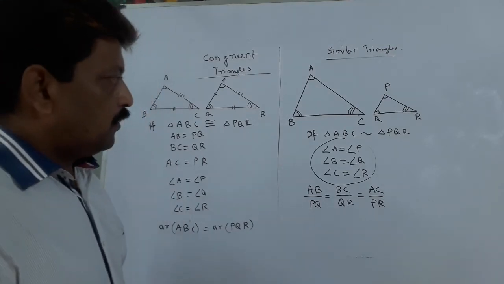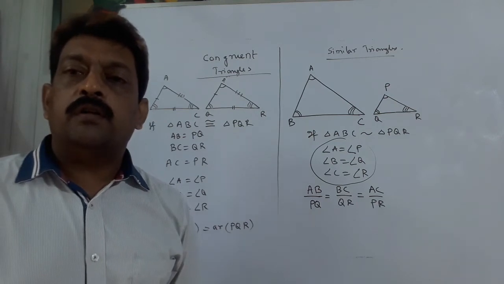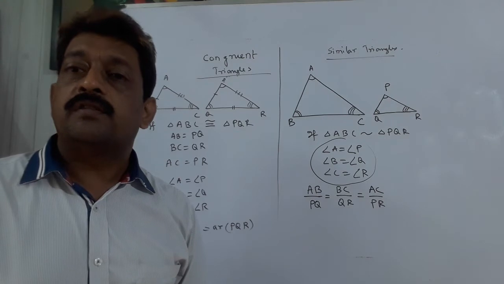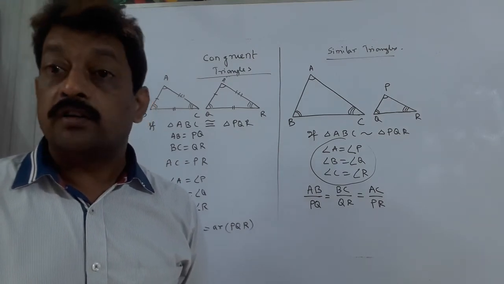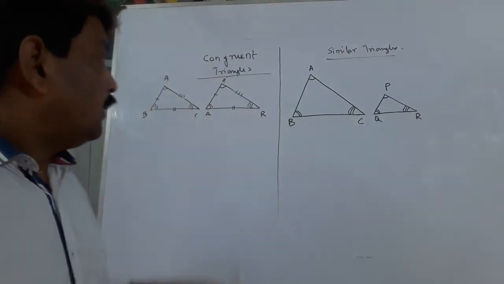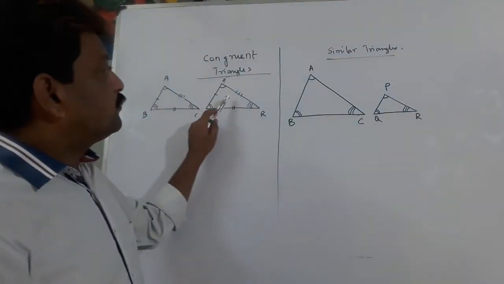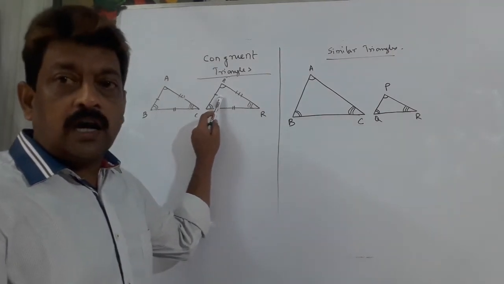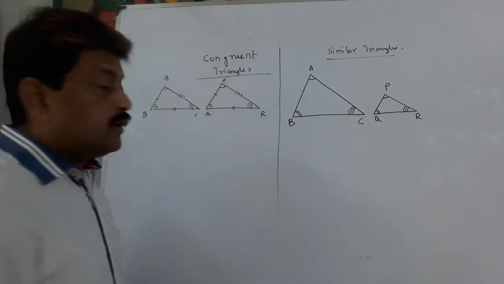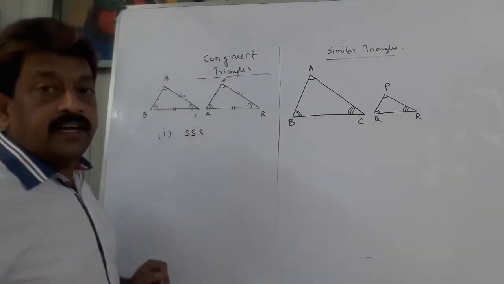Okay. Now, as you know, in congruent triangles there are certain criteria of congruence. If all the three sides of one triangle become equal to all the three sides of the other triangle, then these two triangles become congruent by the criterion SSS, that is side-side-side.